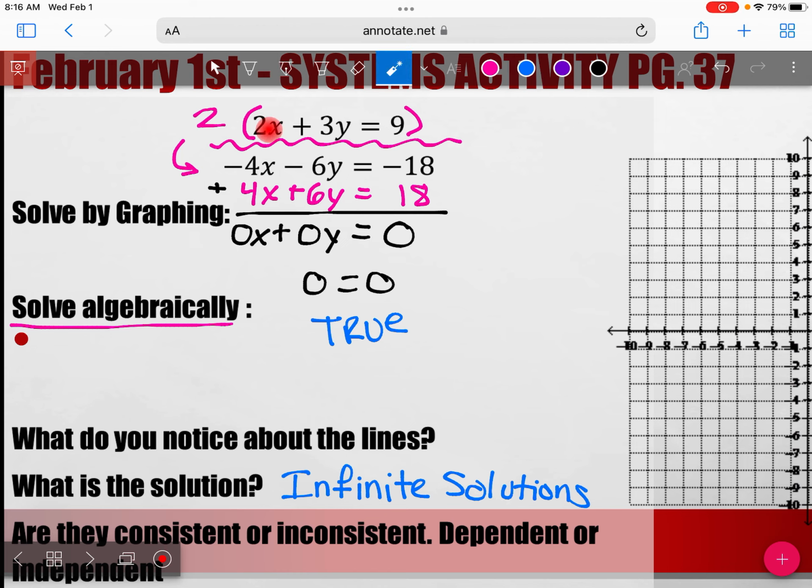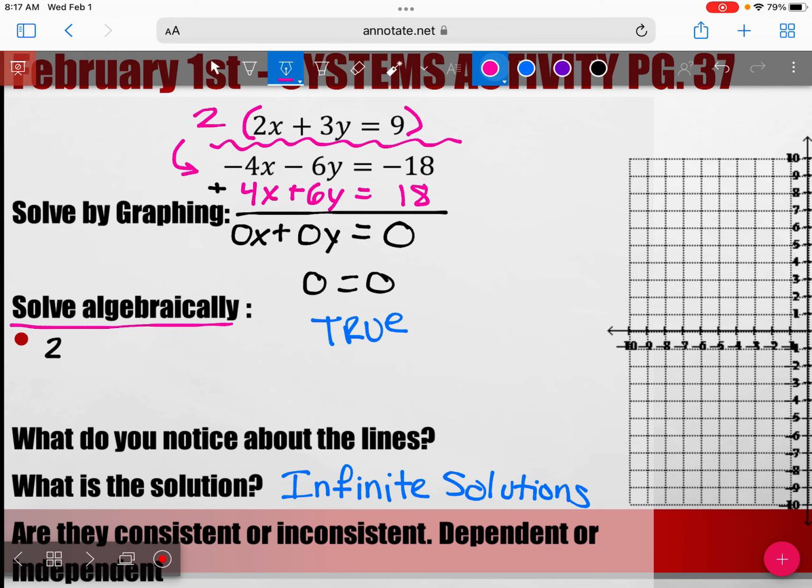If I look at this top one, I say, okay, when x is 0, I'm going to cover up my x. When x is 0, what would y need to be to make this true? 2 times 0 plus 3y equals 9. Let me write it down here.